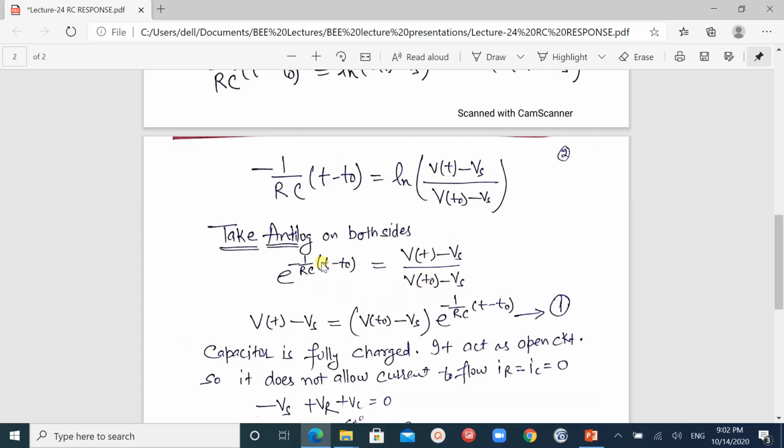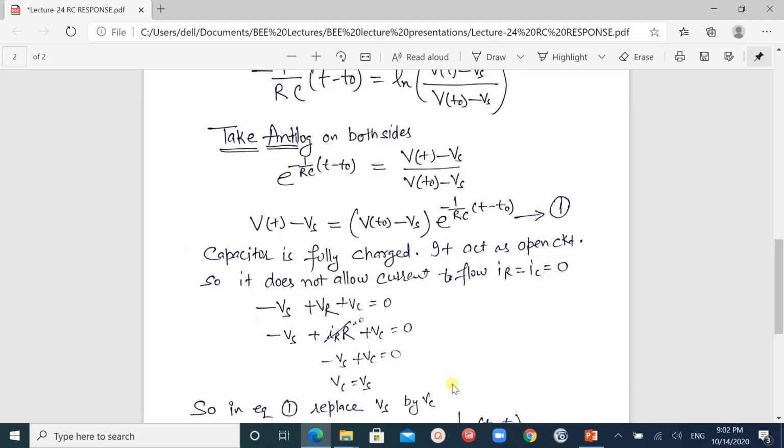Rearranging this equation, this is our final response of the equation: Vt minus Vs is equal to (Vt naught minus Vs) into e raised to power minus (t minus t naught) by RC. RC is our tau and it can be replaced by tau.